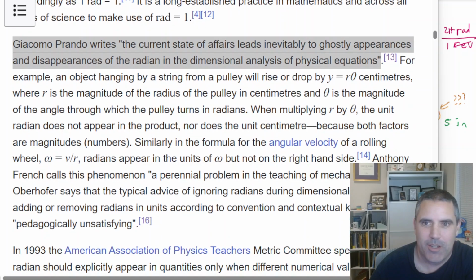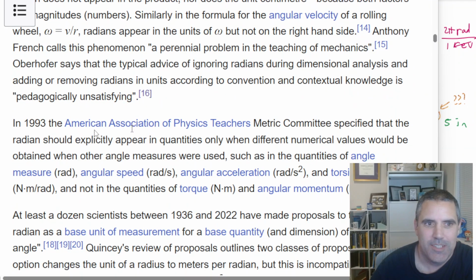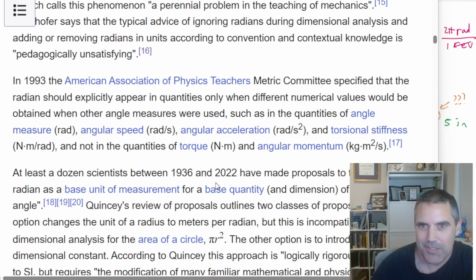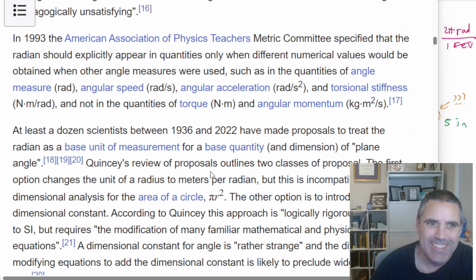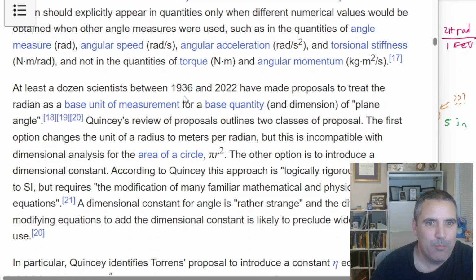There are several talks about how this goes. In 1993, the American Association of Physics Teachers specified that the radian should explicitly appear in certain places and not in other places, which formulas it should be in and which it wouldn't. So you can see people have had to deal with this. It says that dozens of scientists in the last century have proposed that it should be a base element and have dimension in certain situations and shouldn't.